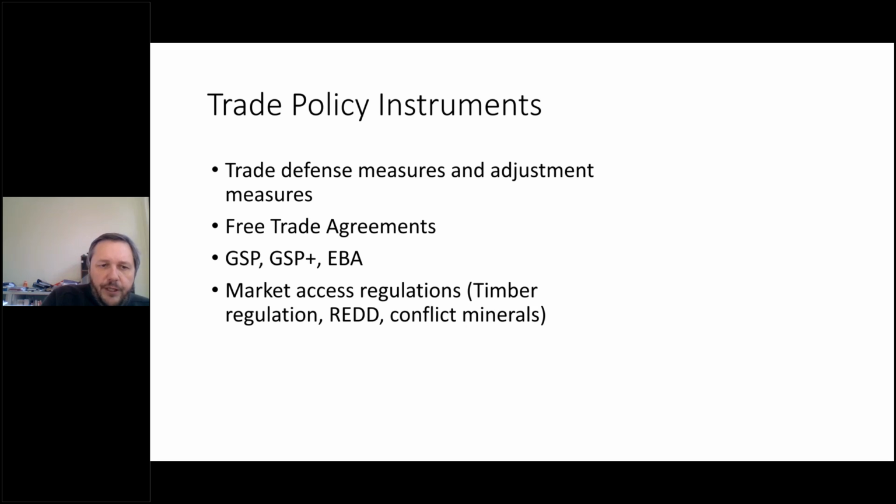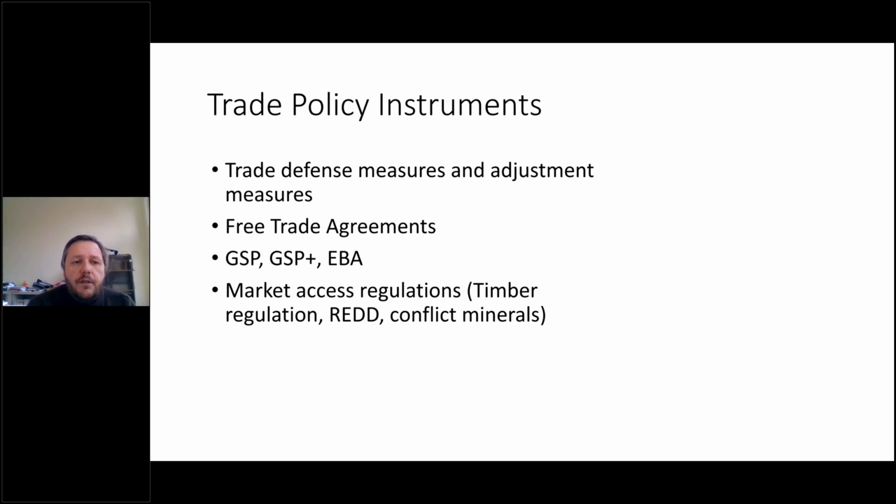Then free trade agreements are, in essence, agreements between the EU and another partner or a few other partners. You also have a system which is called GSP, GSP Plus and EBA, and I will explain that more, but it's basically a general scheme of preferences for developing and least developed countries to access the European market.